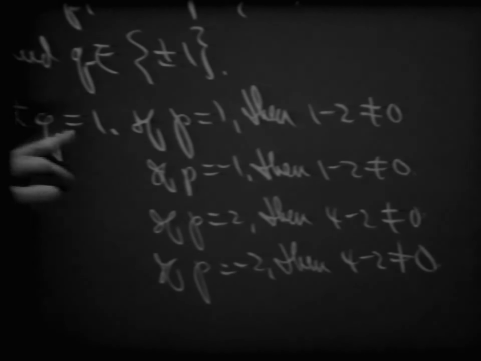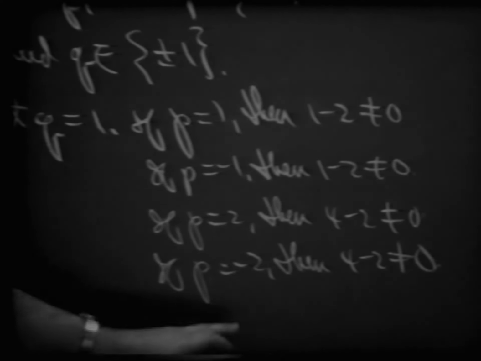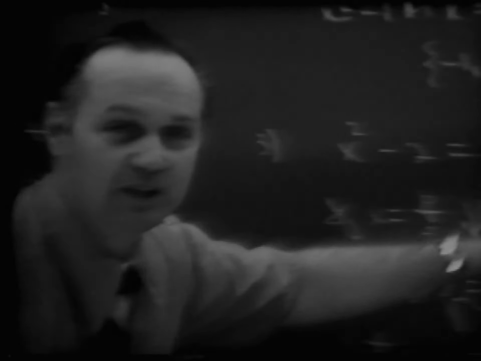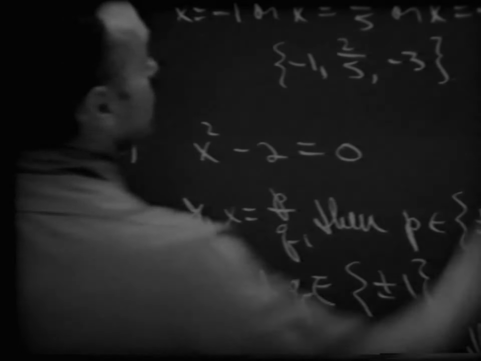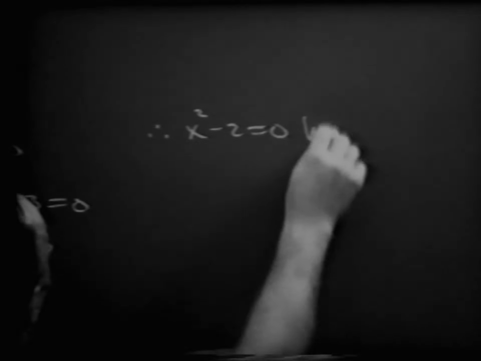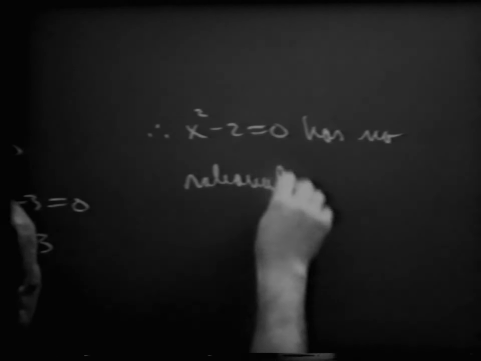We've checked that for q is 1. Check it for q is negative 1, and I think you'll end up with exactly the same thing. Therefore, what's your conclusion about the equation x squared minus 2 equals 0? Brenda? There are no rational roots. Therefore, x squared minus 2 equals 0 has no rational roots.